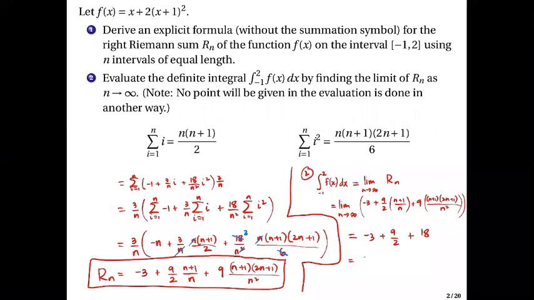So you'll get 15 plus 9 over 2, or simply 30 over 2 plus 9 over 2. So this is just equal to 39 over 2. So this is the definite integral from -1 up to 2.